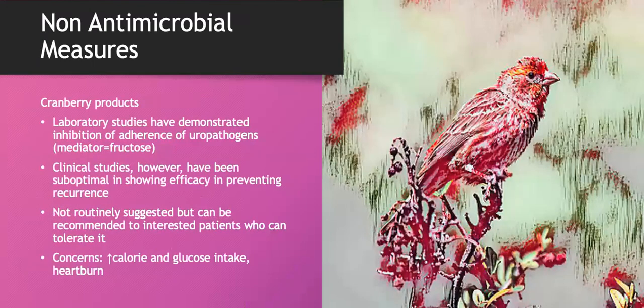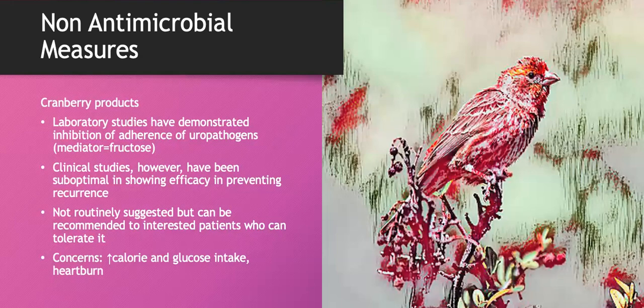And then we all know about cranberry products. Lab studies have actually demonstrated inhibition of adherence of uropathogens by these cranberry products, and the mediator in these cranberry products is fructose. Clinical studies, however, have been suboptimal in showing efficacy in preventing recurrence.